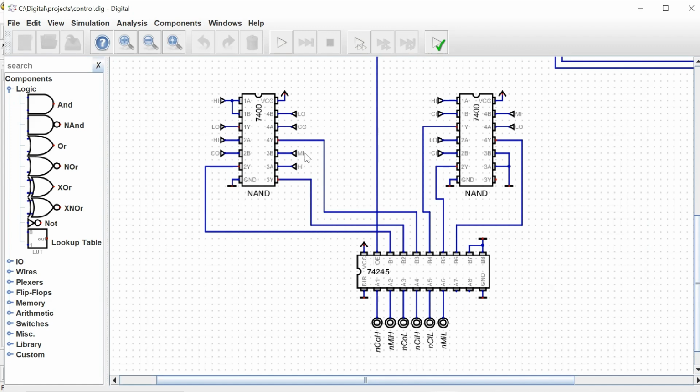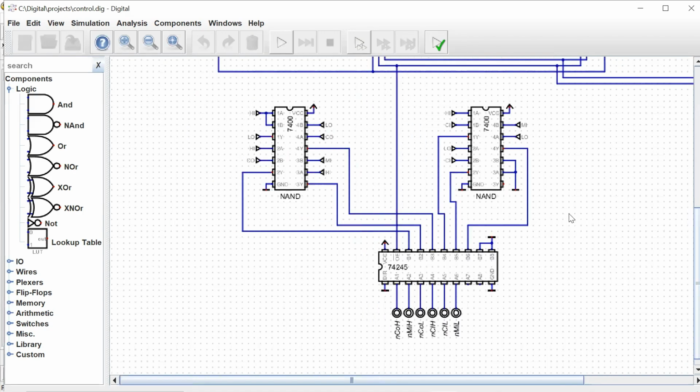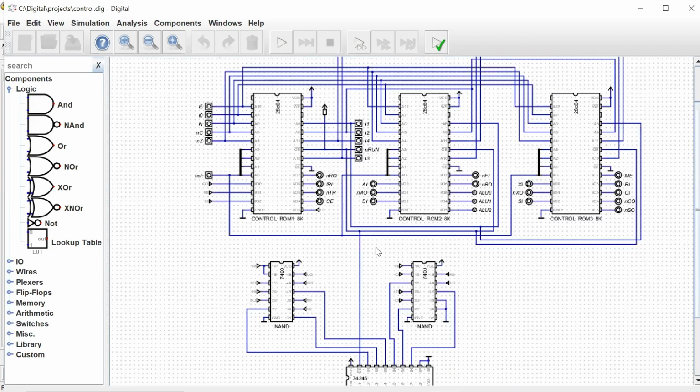And then the same thing for the memory address register. So in that way, with this extra logic, we saved 2 control signals. So we started with 4, but we end up with 6. That's a little bit of extra decode logic that we put in to save some control lines.